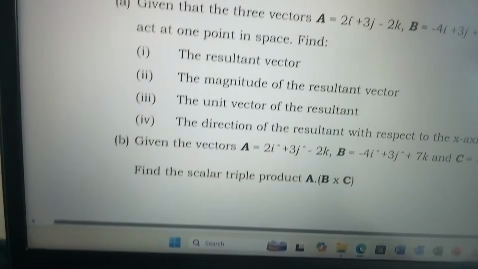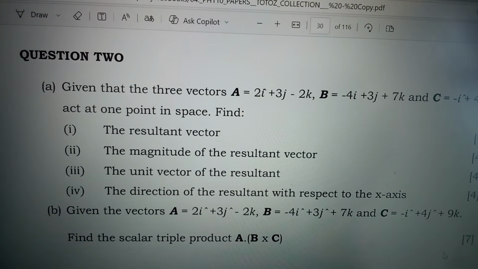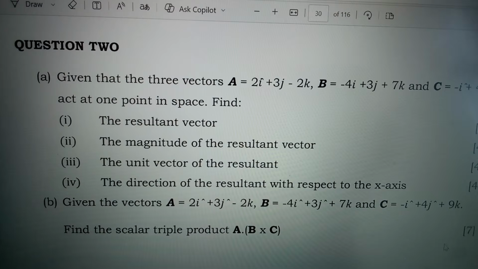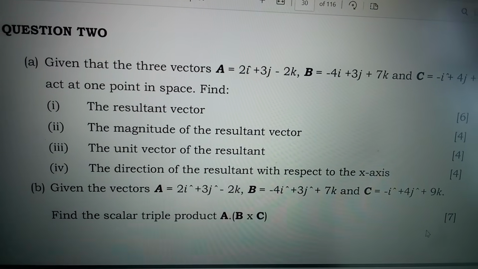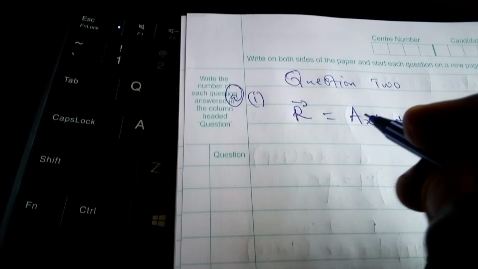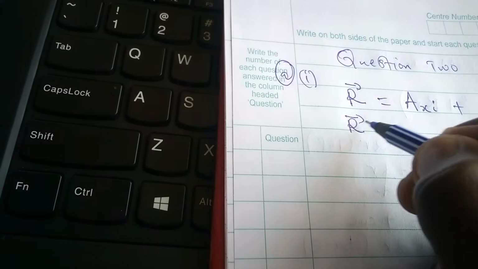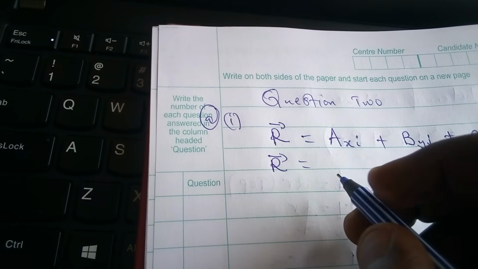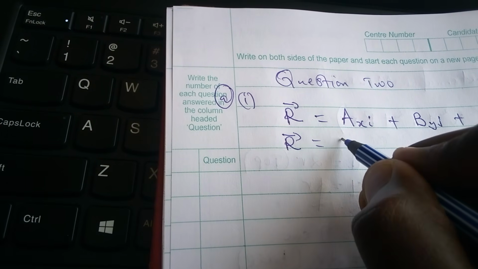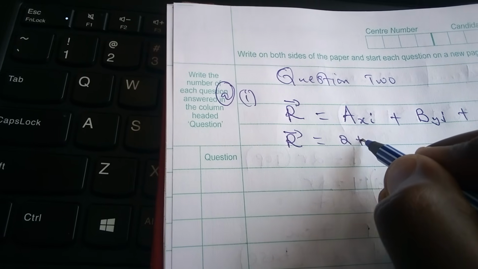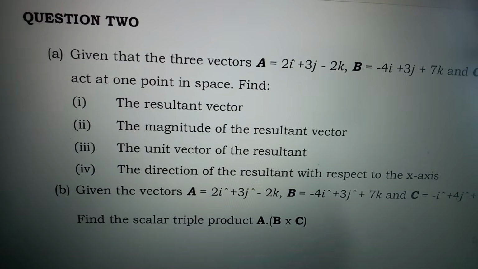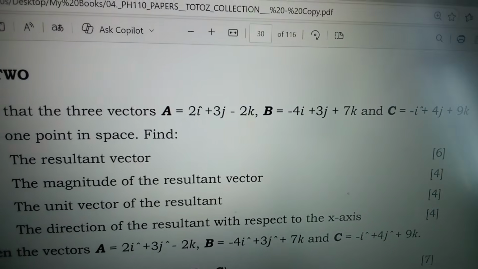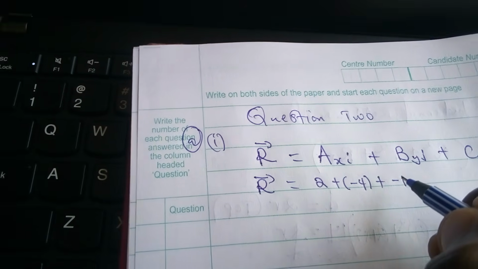From there, you are going to get each value: the coefficient of i in A, adding with the coefficient of i in B, and also in C. So the resultant vector is equal to the coefficient of i in vector A, which is 2, plus negative 4, the coefficient of i there, plus negative 1, the coefficient of i there.